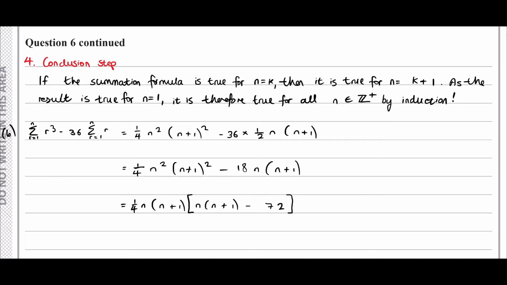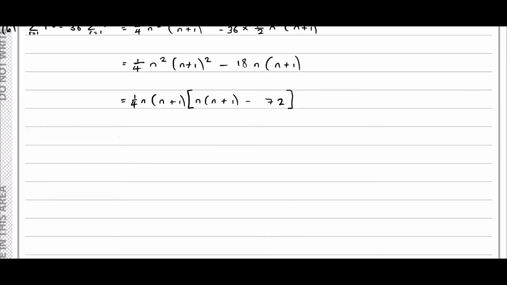With that being said, we have 1/4 n lots of n plus 1, and here we have n squared plus n minus 72. We can factorize that as n minus 8 lots of n plus 9. Okay, and that's what we wanted to show.